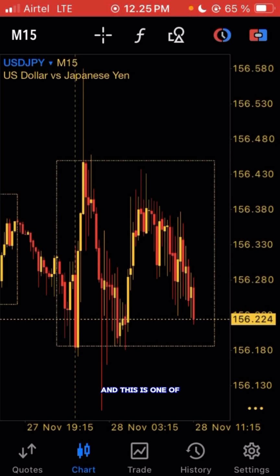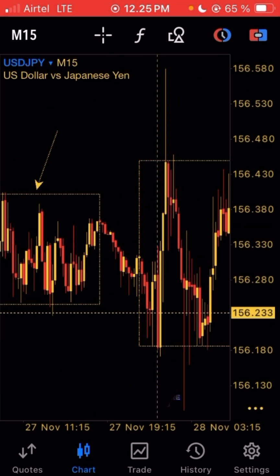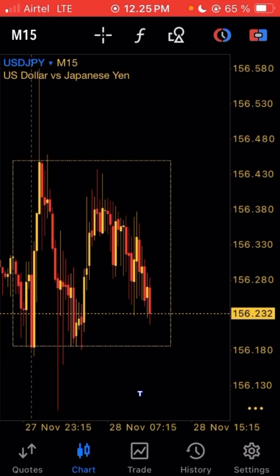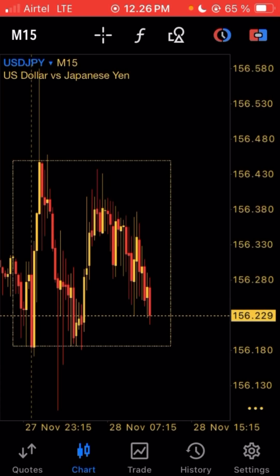And this is a guide for you. And for the beginners out there, when you have a bunch of pairs to trade and you are confused, you need to start somewhere. This is where you need to start from. So this is a guide for you: okay, this is the pair that I will be trading. Let me look at these pairs during these sessions and see how they behave, see how they react, see how you also can react to market situations if you are trading during that time.